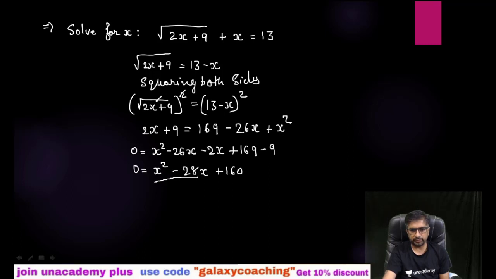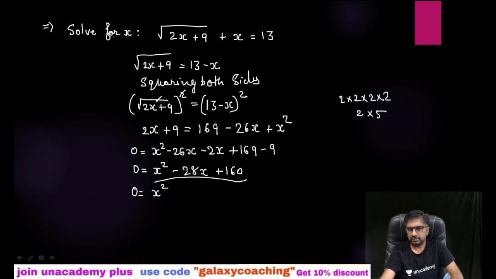Now you got a simple quadratic, guys. Now you can find out the answer by splitting the middle term. So let us start. 0 is equals to x square minus, factors of 160. So 2 into 2 into 2 into 2, 16, and 10 means again 2 into 5. So 2 to the 4 to the 8 and 5 to the 10 to the 20.